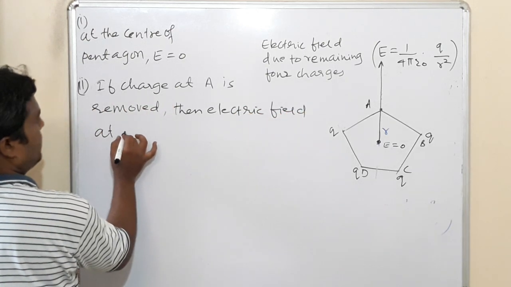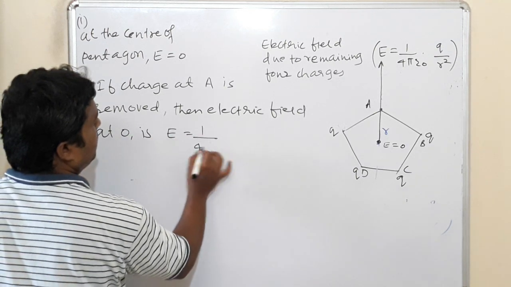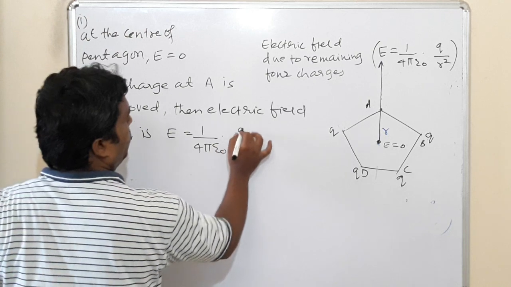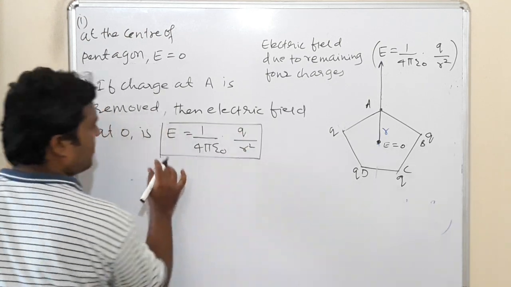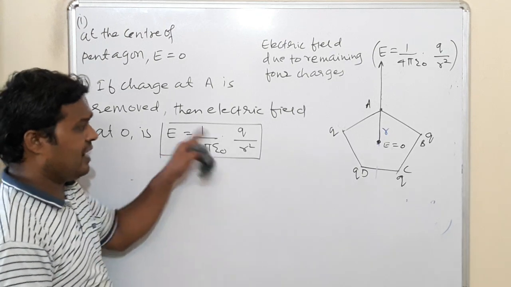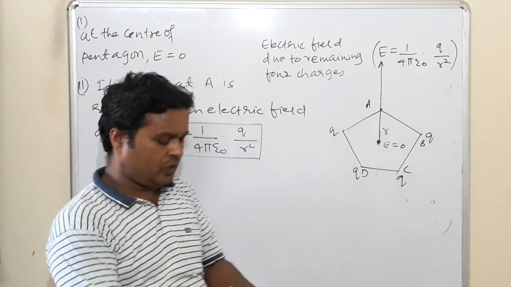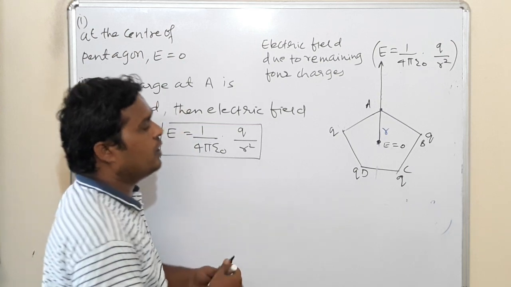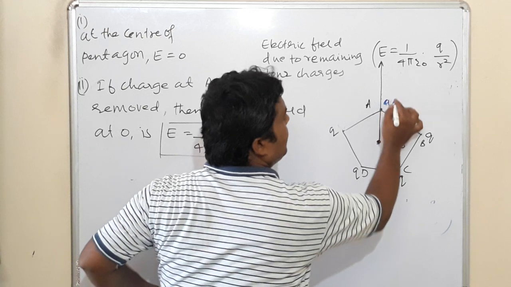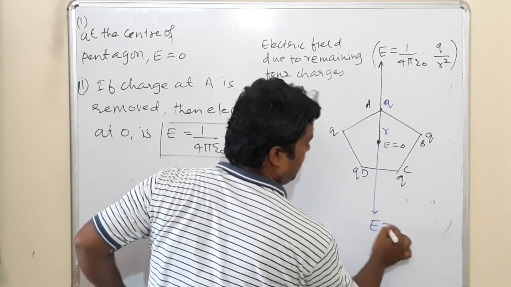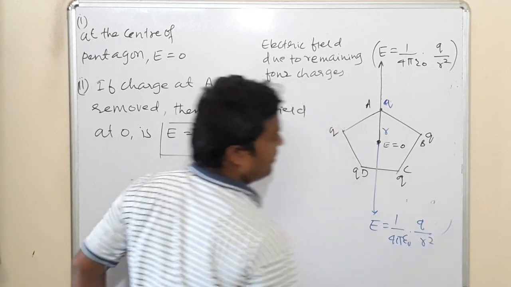That means if the charge at A is removed, then the electric field at O is the electric field due to only one charge, which is nothing but the resultant electric field due to all these 4 charges. Because the electric field due to only this charge is E is equal to 1 by 4 pi epsilon naught q by r square.